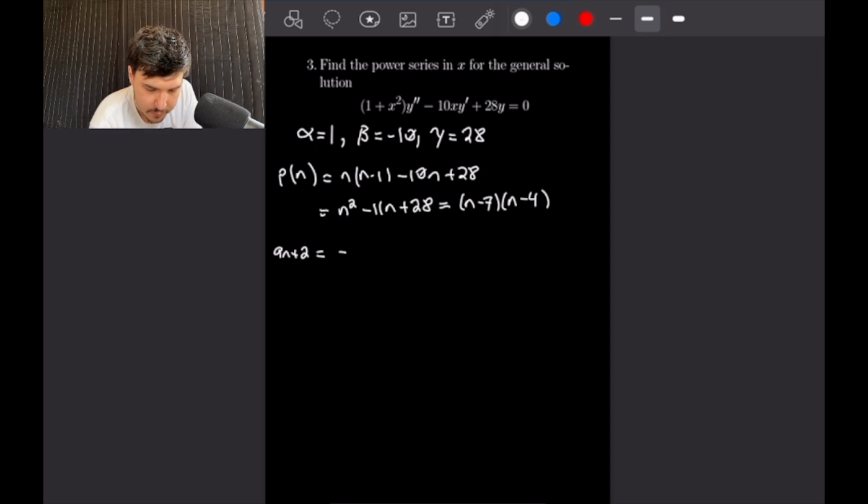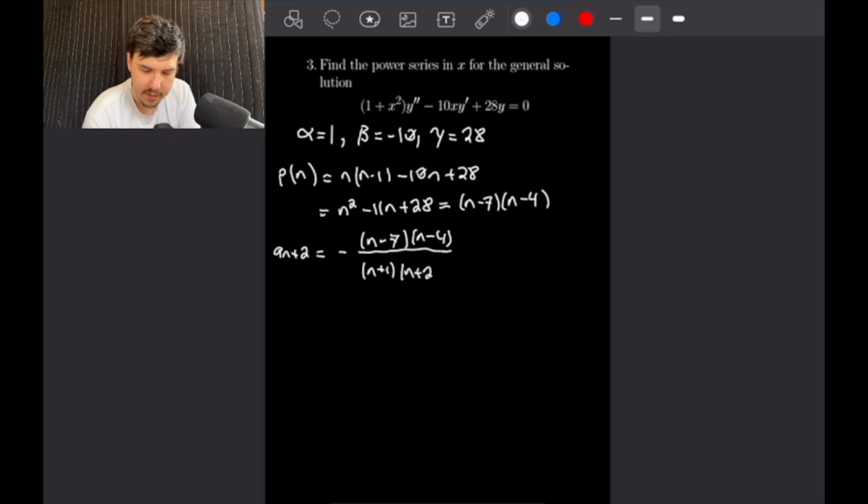That's going to be equal to a negative out front, and since this p of n does not lead with a negative, we will have to use that negative here. Then our p of n will be in the numerator, so we'll have an n minus 7 times n minus 4 over our denominator, which will stay constant, which is just n plus 1 times n plus 2. And that will be times our a sub n for n greater than or equal to 0.